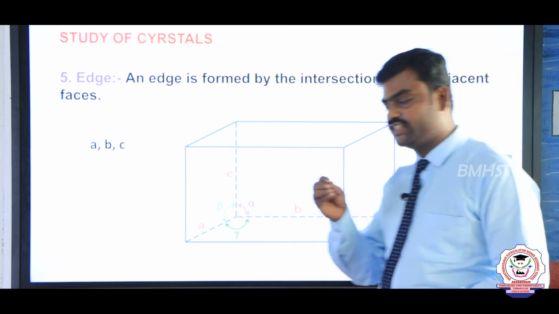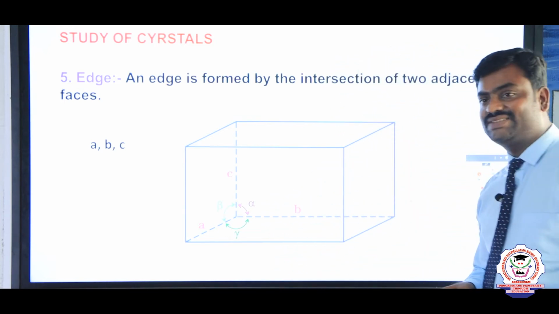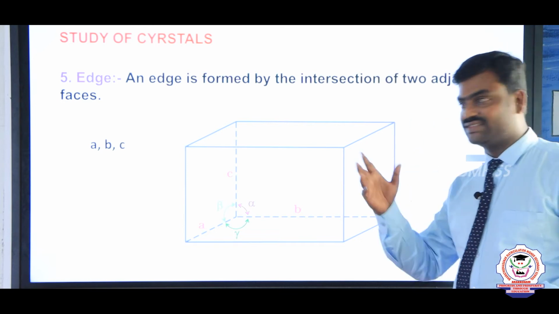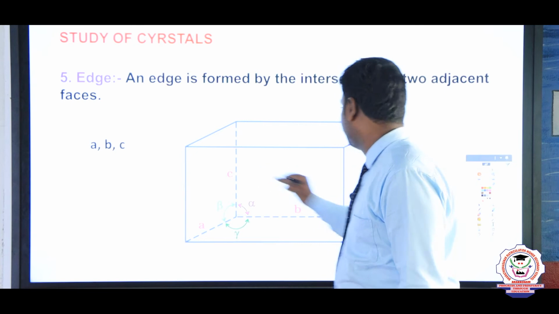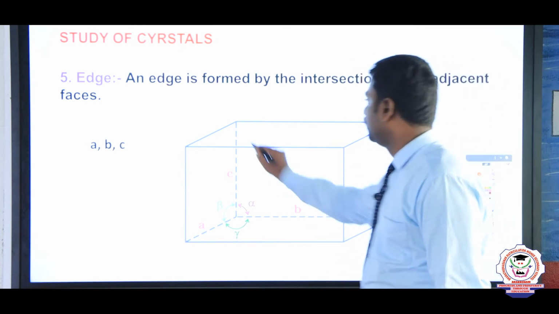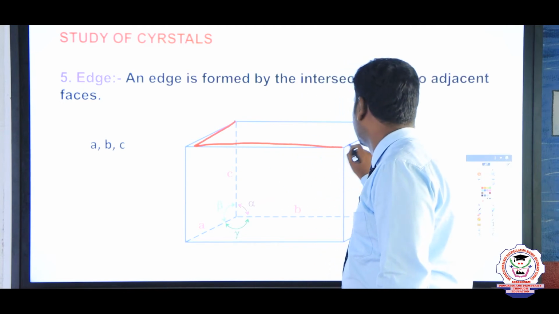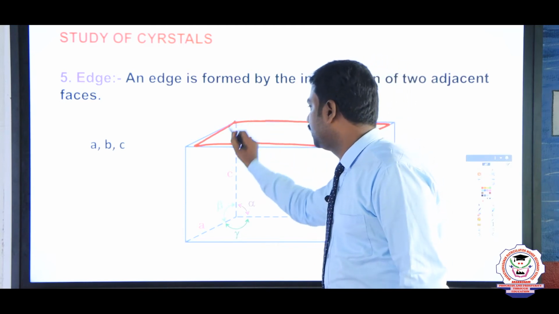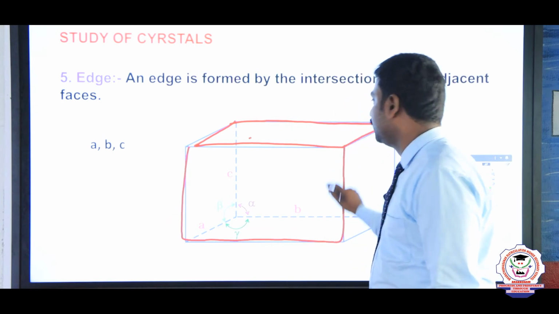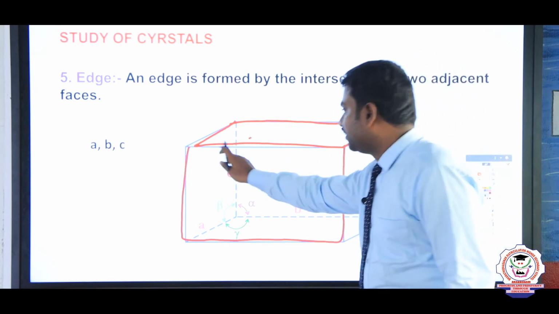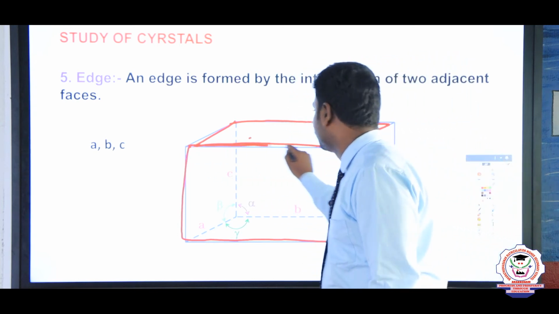Edge. What is an edge? An edge is formed by the intersection of 2 adjacent faces. See here, we can take any 2 faces. For example, this face and the adjacent face, the front one. See, the line which is joining the 2 adjacent faces is here, this one.